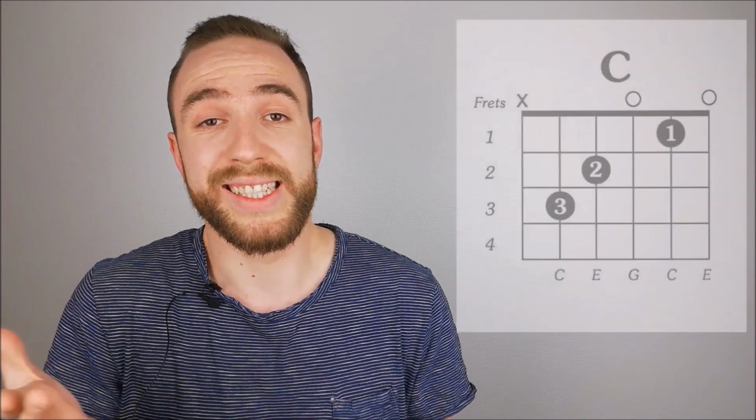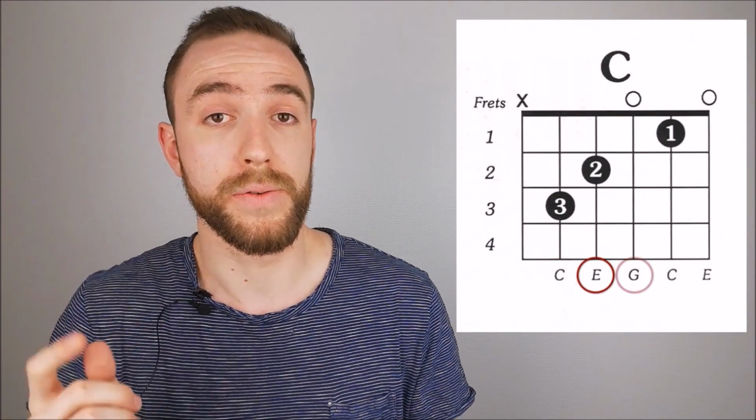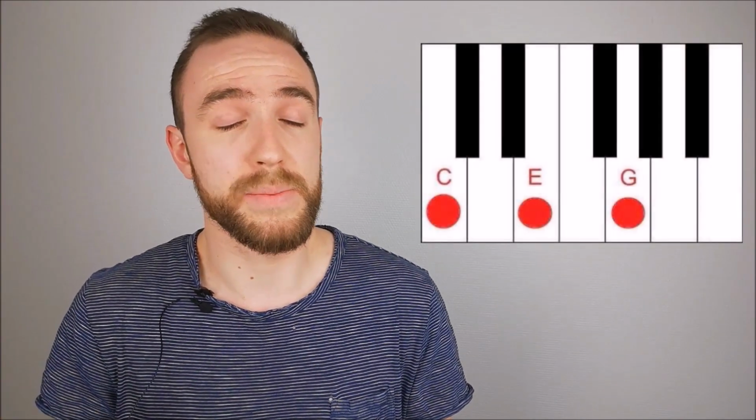For example, if you play a C major with a guitar, it goes with a root note, a 3rd note, a 5th note, an octave note, and a 3rd note again. So it's kind of similar to the way we would play a C major with a piano or a keyboard. So how can you know how guitar chords are built?